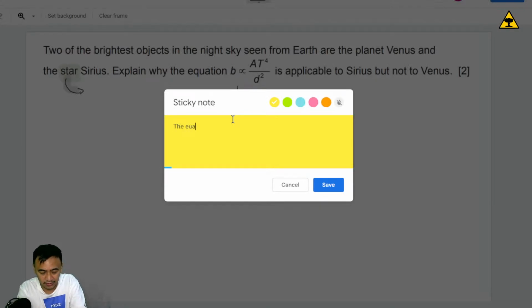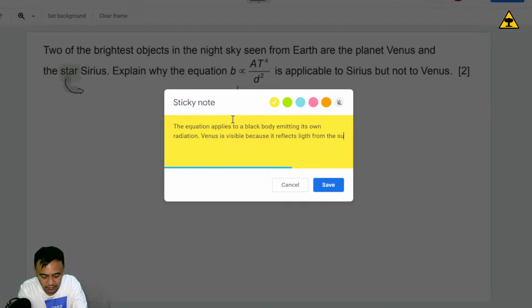The equation applies to a black body emitting its own radiation, right? Venus does not. Venus is visible because it reflects light from the sun. That's the answer here.